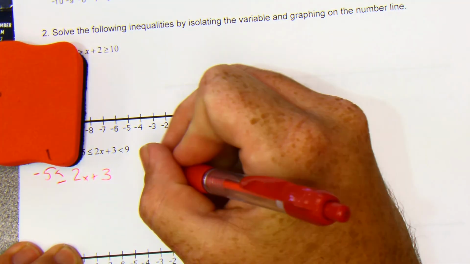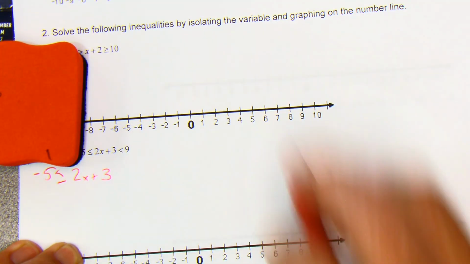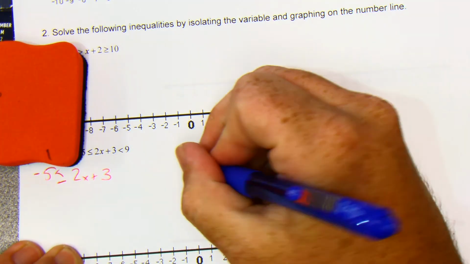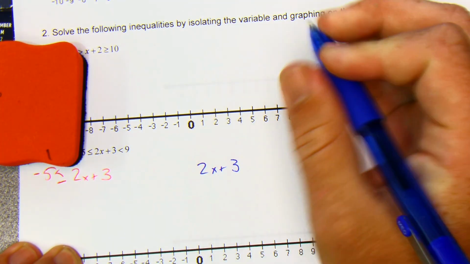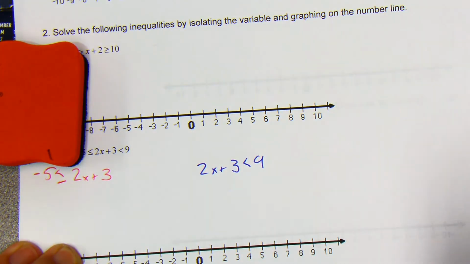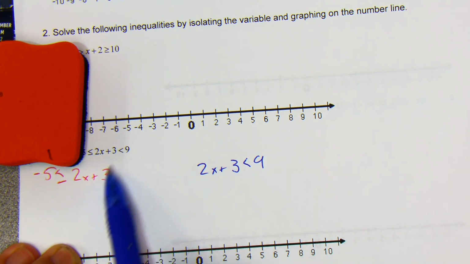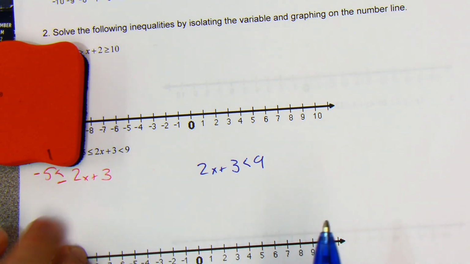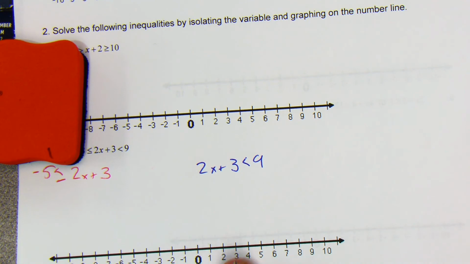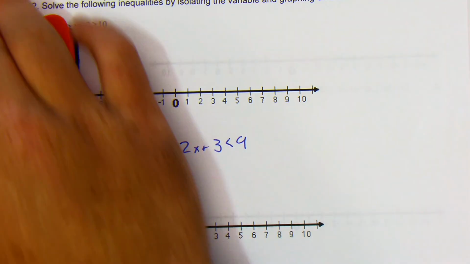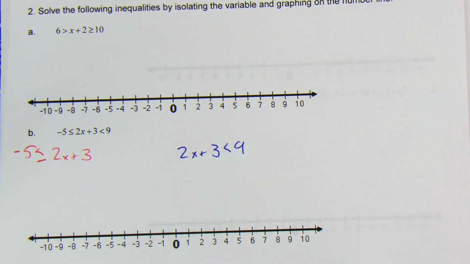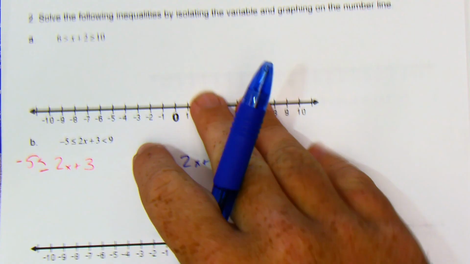Actually, I apologize, it's less than 9. So 2x plus 3 is less than 9. Once you've solved both of those, you would graph the solution on the graph. Those are the ones I would split into the 2 equations and then graph after that.